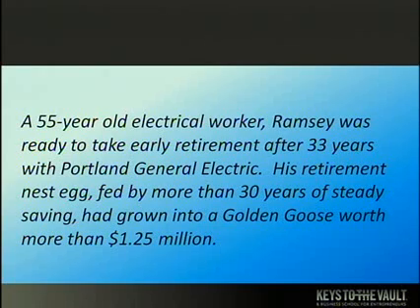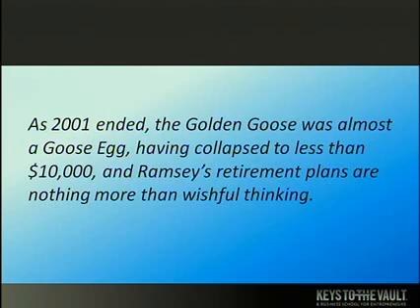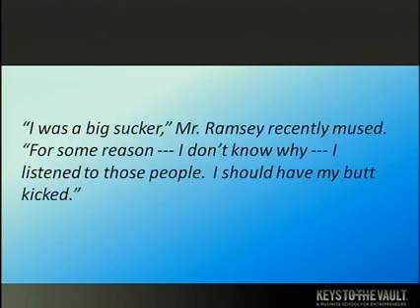His retirement nest egg, fed by more than 30 years of steady savings, had grown into a golden goose worth more than $1.25 million. As 2001 ended, the golden goose was almost a goose egg, having collapsed to less than $10,000. And Mr. Ramsey's retirement plans are nothing more than wishful thinking.